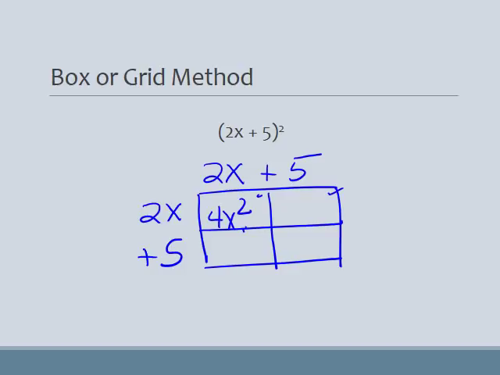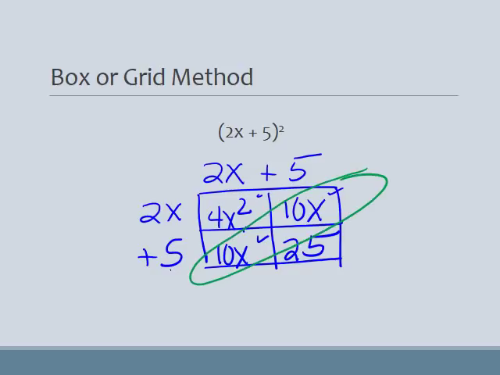In this square right here, 2x times 5 is 10x. We're going to do that 2x times 5 again and give us 10x. And then 5 times 5 is 25. Again, your like terms are on this diagonal. So I get 4x squared plus 20x plus 25.